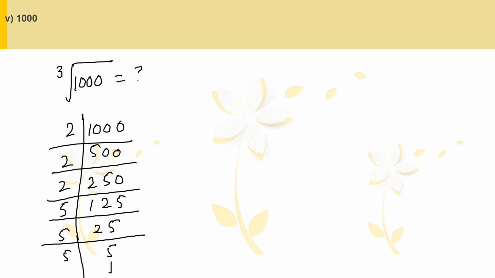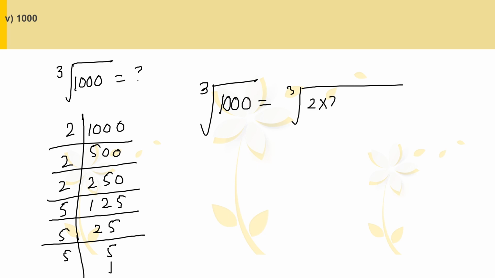You just have to do the prime factorizations to come up with the cube root, just like you did the square roots. Cube root of 1000 is equal to cube root of 2 multiplied by 2 multiplied by 2 multiplied by 5 multiplied by 5 multiplied by 5. Now we have combinations of 3 and these 3. Now I can write it as cube root of 2 cube multiplied by 5 cube.